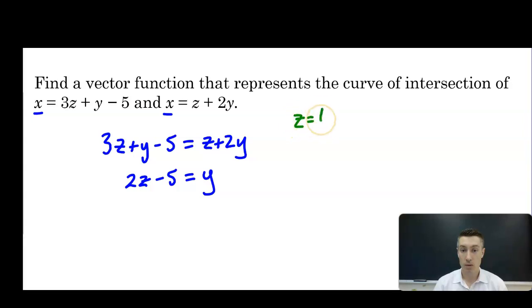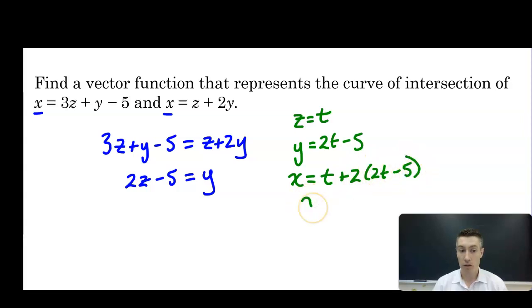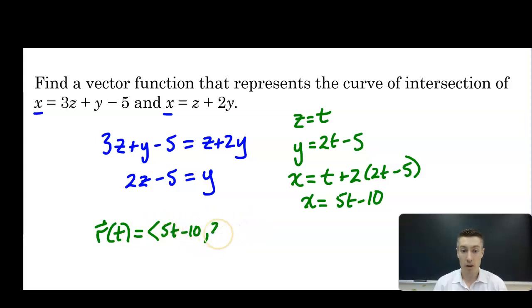So z is equal to t, which makes y equal to 2t minus 5. And then we use one of the two original surfaces to define x. So let's go with z plus 2y. So z plus 2 times y. So that's x equals 5t minus 10. So our vector function is ⟨5t minus 10, 2t minus 5, t⟩.